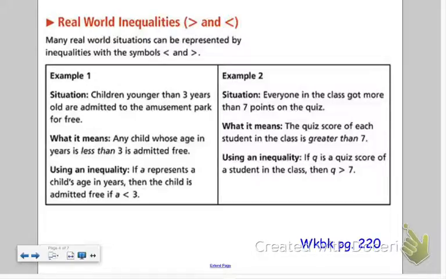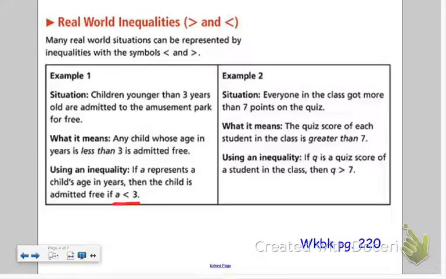So what would that look like as an inequality? Maybe we'll use A for the child's age in years, and A, the age, must be less than 3 in order for the kid to be admitted into the amusement park for free. So the kid could be 1 year old, they could be 2 years old. 3 wouldn't work because they have to be less than 3, not equal to 3. So A is less than 3.